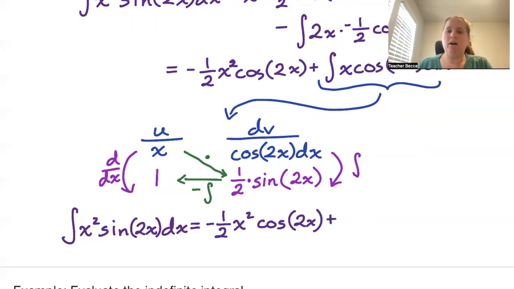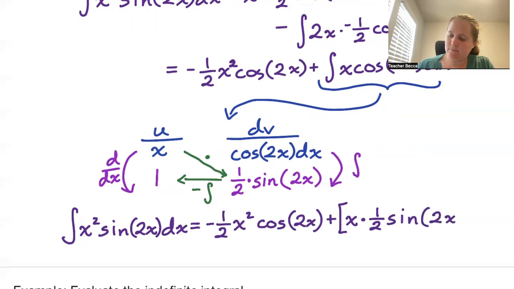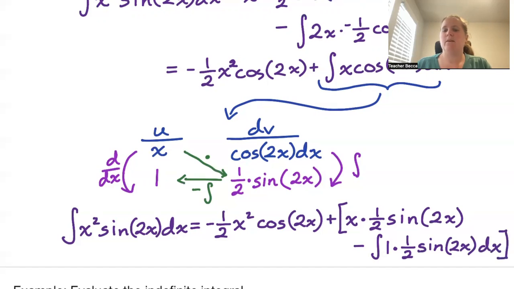Then we are adding on, we now have x times 1/2 sine of 2x. And then we are subtracting off the integral of 1 times 1/2 sine of 2x dx. That is an integral we can figure out without integration by parts. I'm going to give myself just a little bit more space.